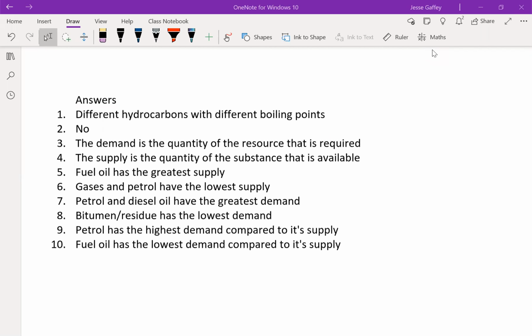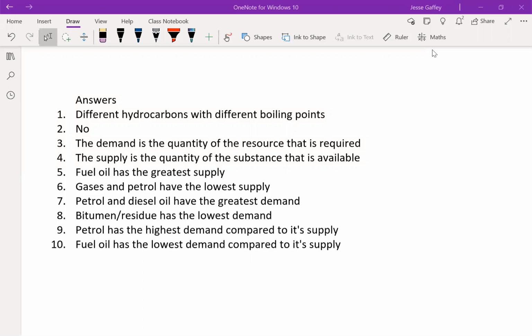And the supply of the shorter chain hydrocarbons does not meet the demand, whereas the supply of the longer chain hydrocarbons completely outweighs the demand. So the problem that we've created here is that there are not enough short-chain hydrocarbons in the fractions from crude oil.